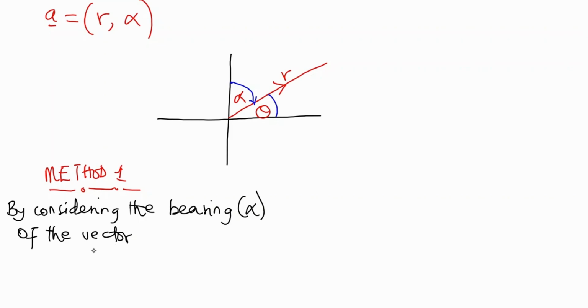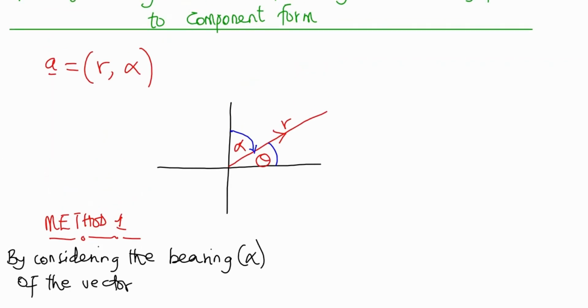So this is what we have. Now, since we are considering that part, then it means that we come back to our diagram and we join from the positive y-axis to where the vector is. So we have something like this. So it means that our focus now is on where the alpha angle is.